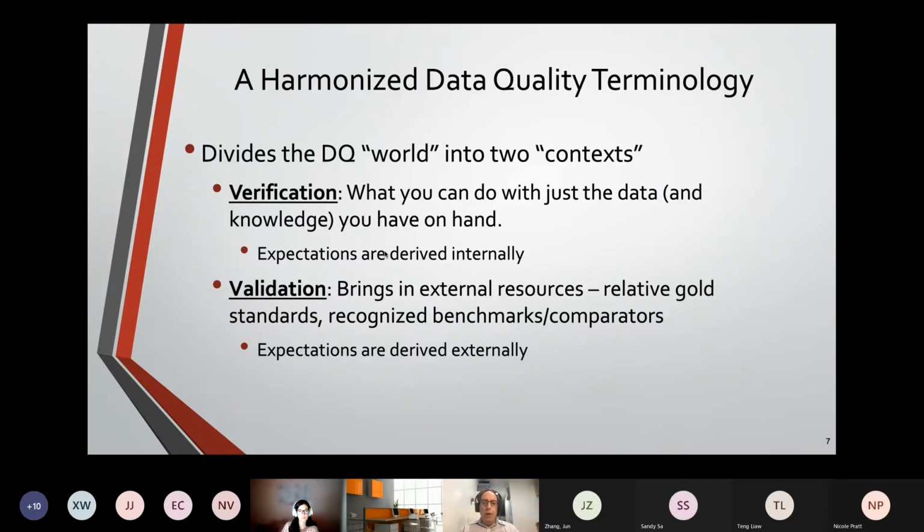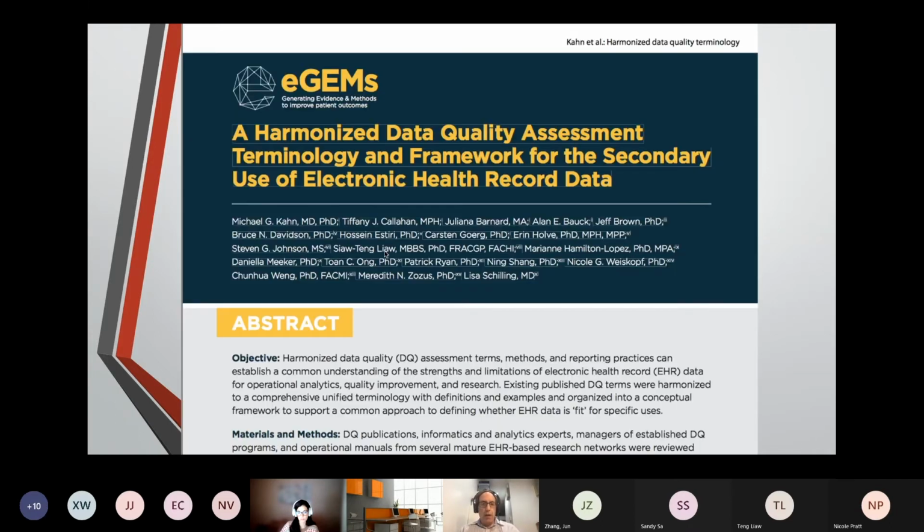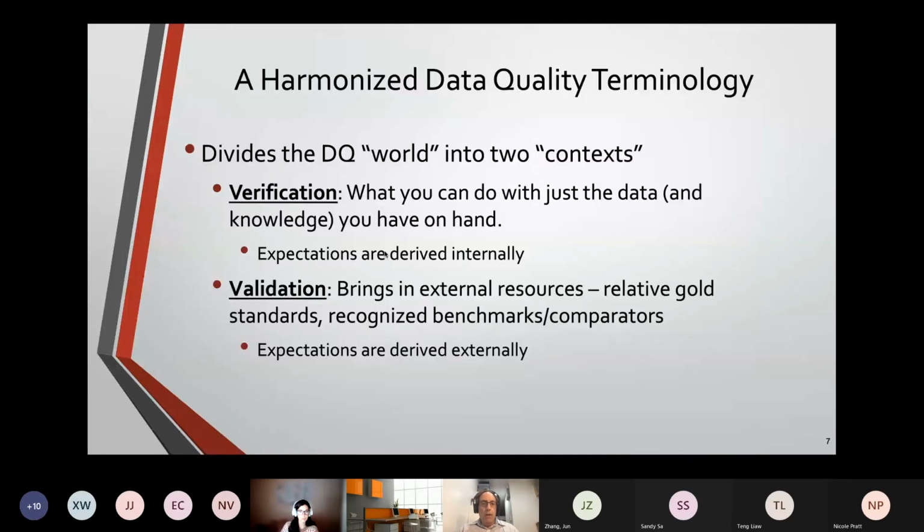And I'm just going to go through the harmonized terminology very quickly. This is not a lecture on the harmonized terminology. It is available. This document here is an open access document, so it is available to you. But it divides the data quality world into two major contexts: verification and validation.